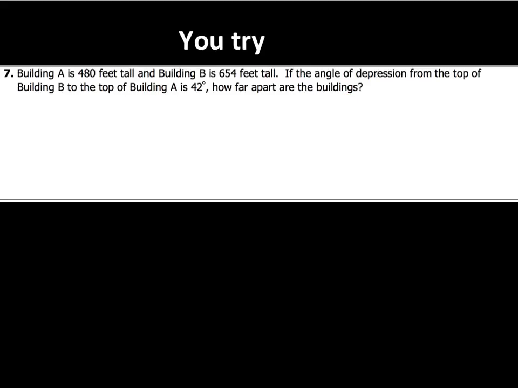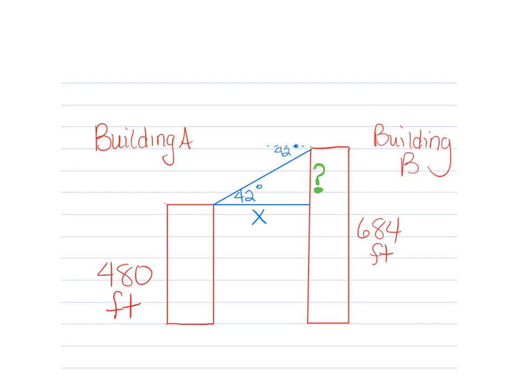So check this out. Here's my picture. Building A, 480. Building B, 684. The top of building B down to building A is a 42-degree angle of depression. So that means here is 42 degrees, which means the angle down here is 42 degrees.